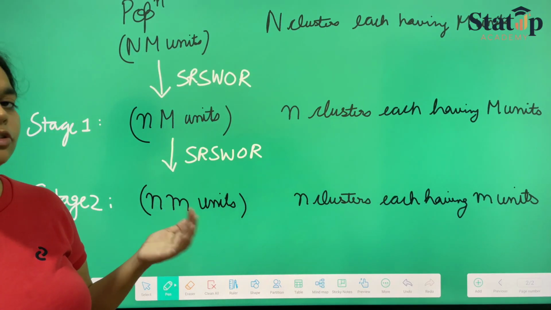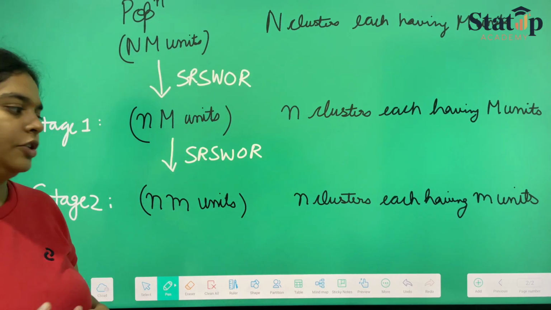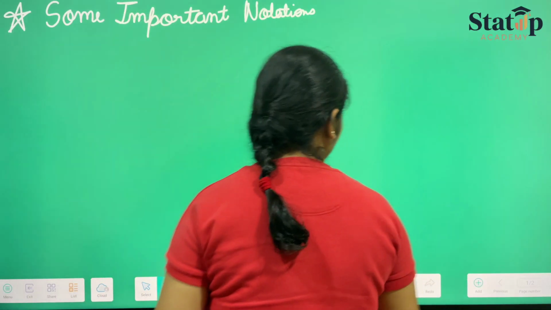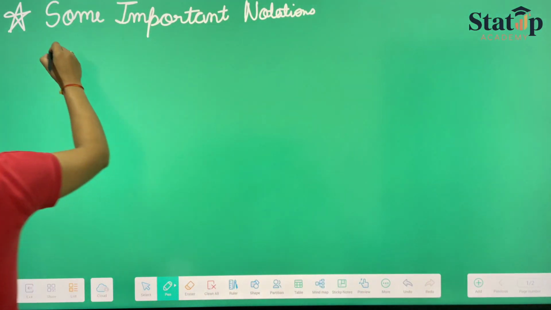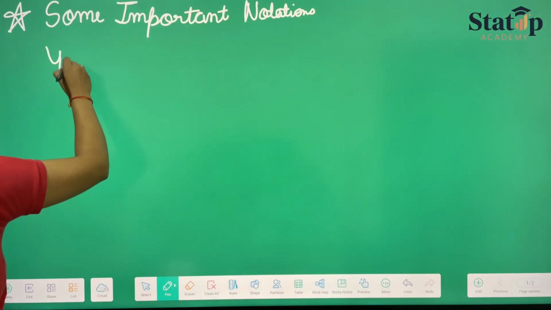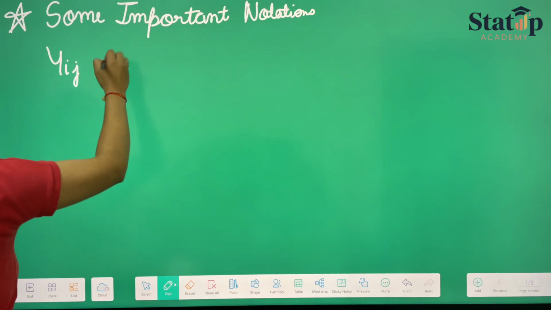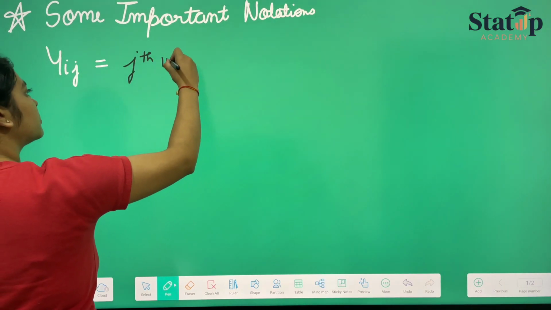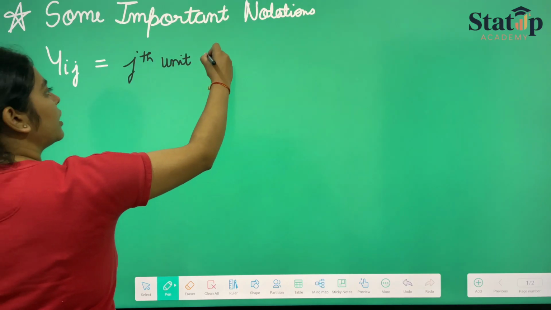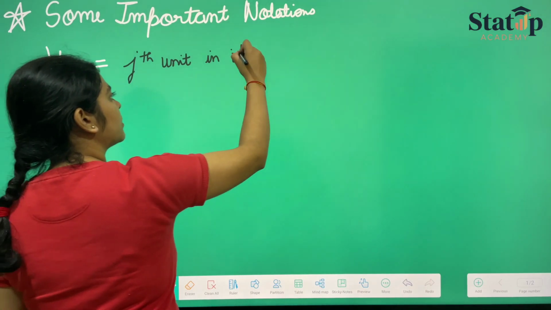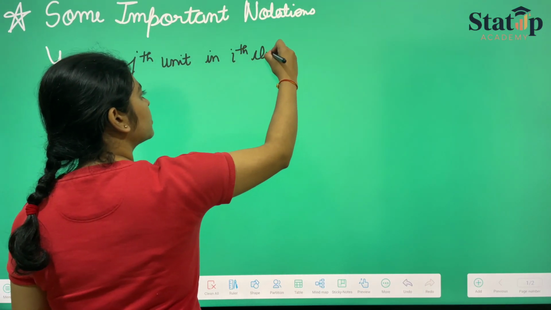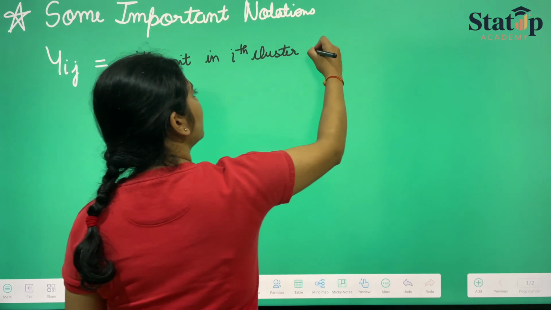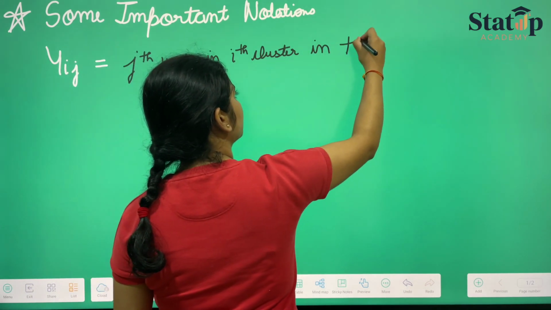I am writing it again so that you will not be confused with the notations. Coming back to the notation, first one is capital Yij. This is the jth unit in the ith cluster in the population.